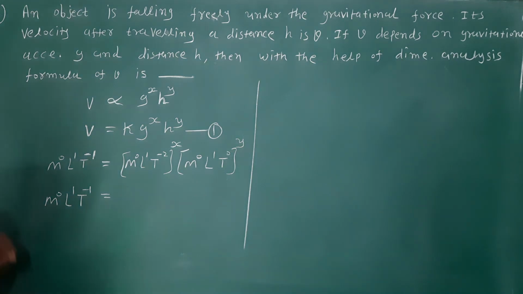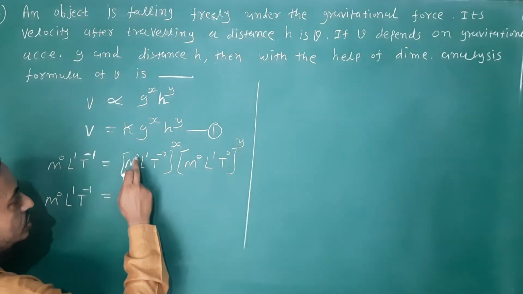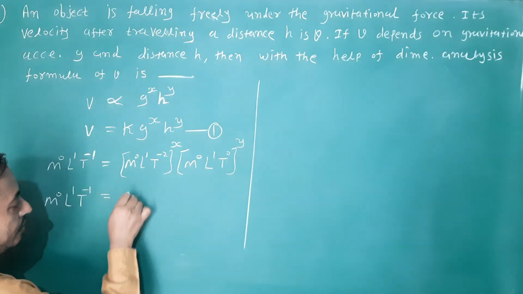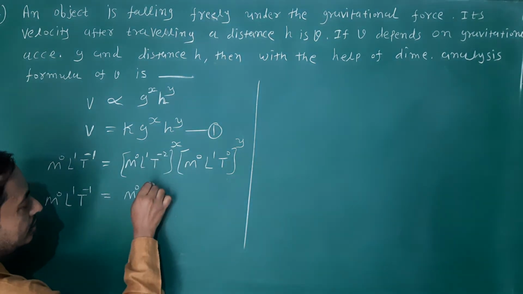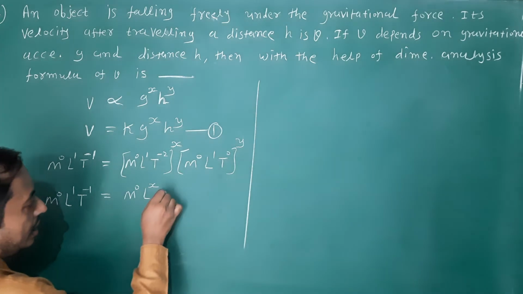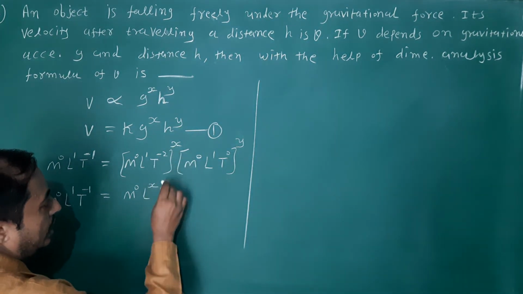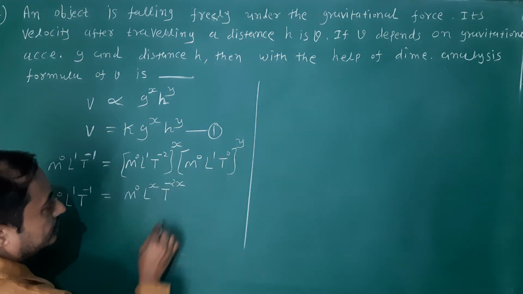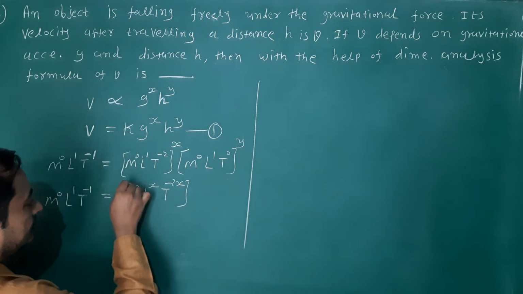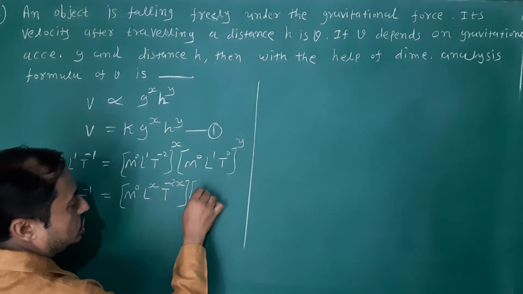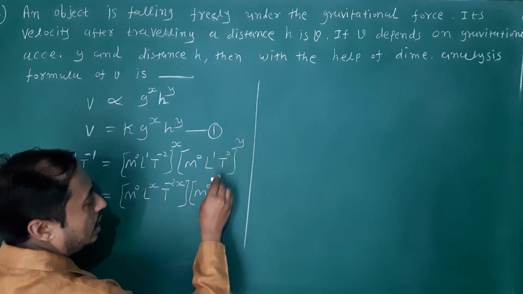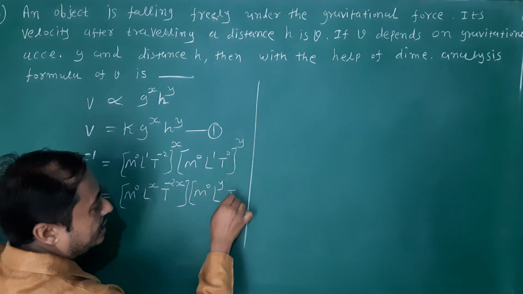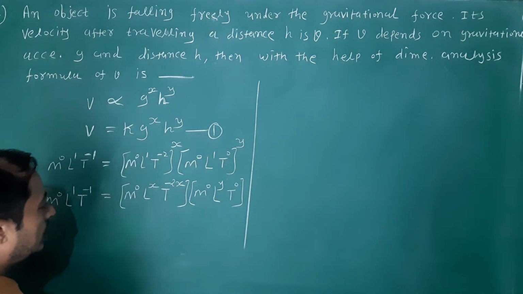Friends, first of all, multiply. M raised to 0 into x means 0. L raised to 1 into x means x. T raised to minus 2 into x means minus 2x. Again, M raised to 0 into y, 0. L raised to 1 into y, y. And T raised to 0.